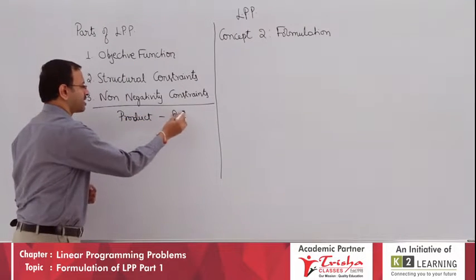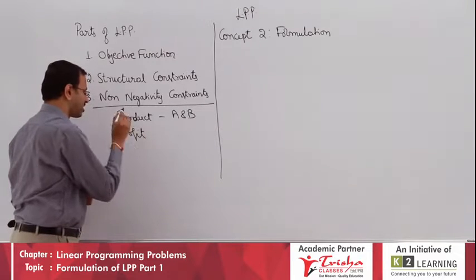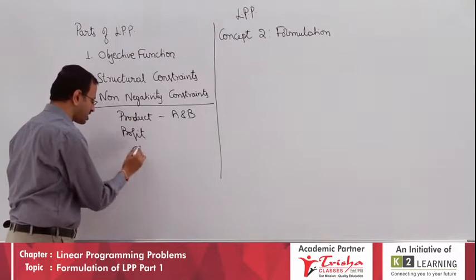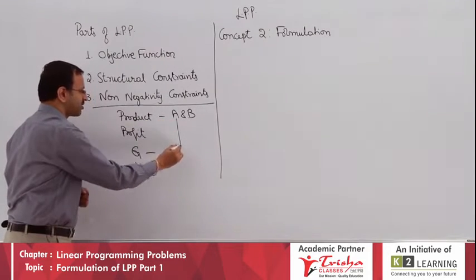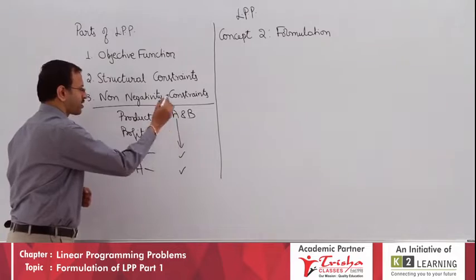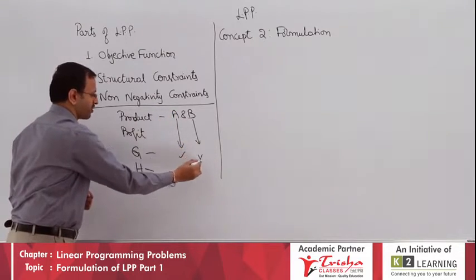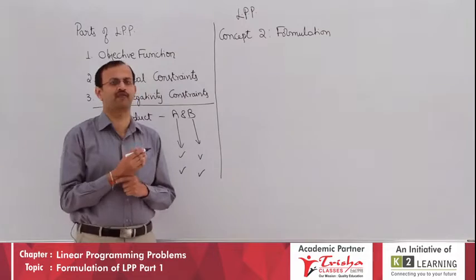Product A and B. Profit on each is given and it requires machine G, machine H. They given how much for machine G and machine H for product A, similarly for product B. With these details, you have to formulate the given LPP.